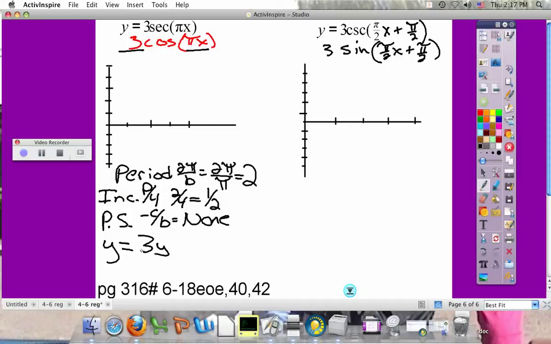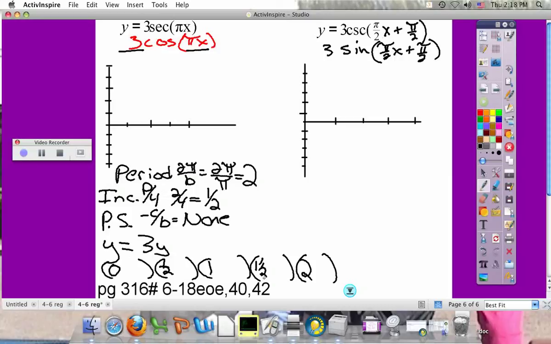So we got to come up with our key points. 1, 2, 3, 4, 5. Okay? We start at 0, which is normal. We end at our period, which says 2. Our increment spacing is halves, so we get 1/2, 1, and 1.5.